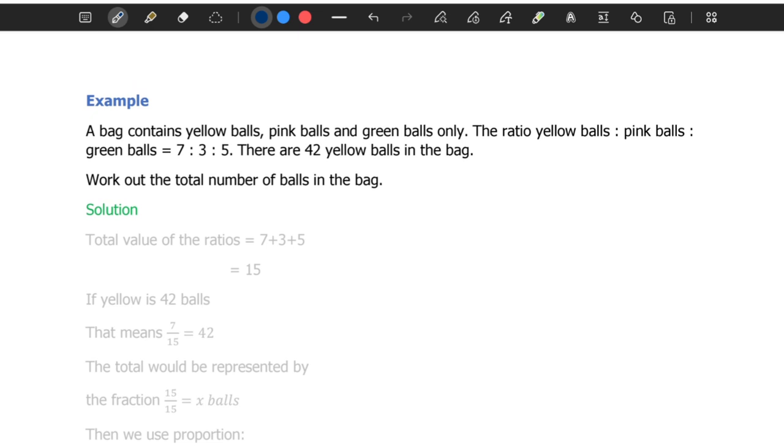So another example says a bag contains yellow balls, pink balls, and green balls only, right? So that means that the fractions have to add up to 100% or to 1. The ratio of yellow balls, pink balls, and green balls, again, the order is important because now we know, in reading that part, that yellow is 7 of the total.